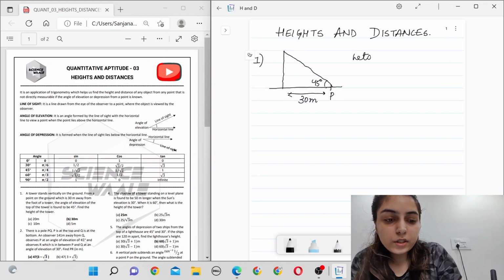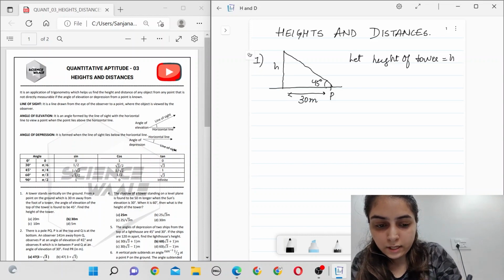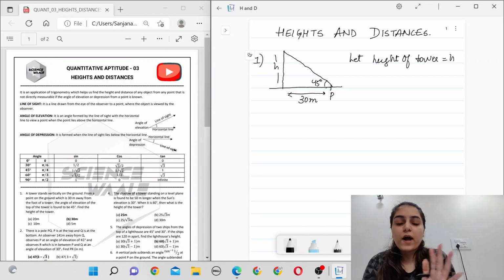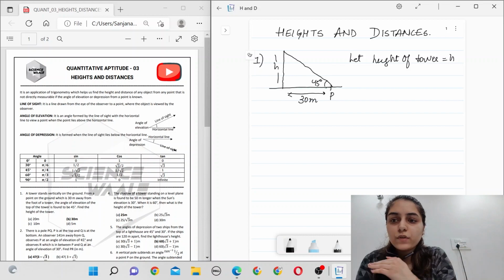So let's assume the height of the tower to be h. We have to find h. This is a basic, very simple first question.